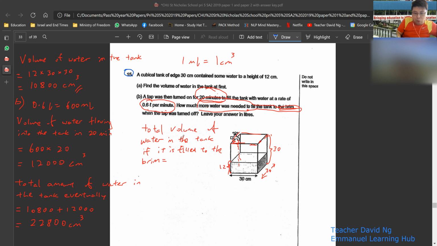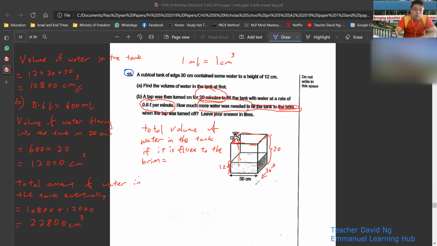So how to find the total volume of water in a tank if it's filled to the brim? You can tell me the answer. How to find? Because you have the dimensions of the tank.